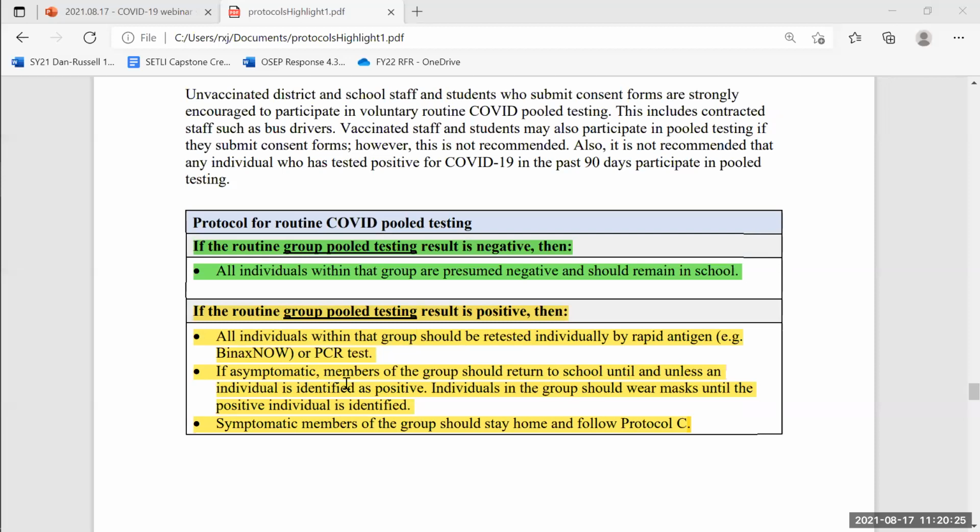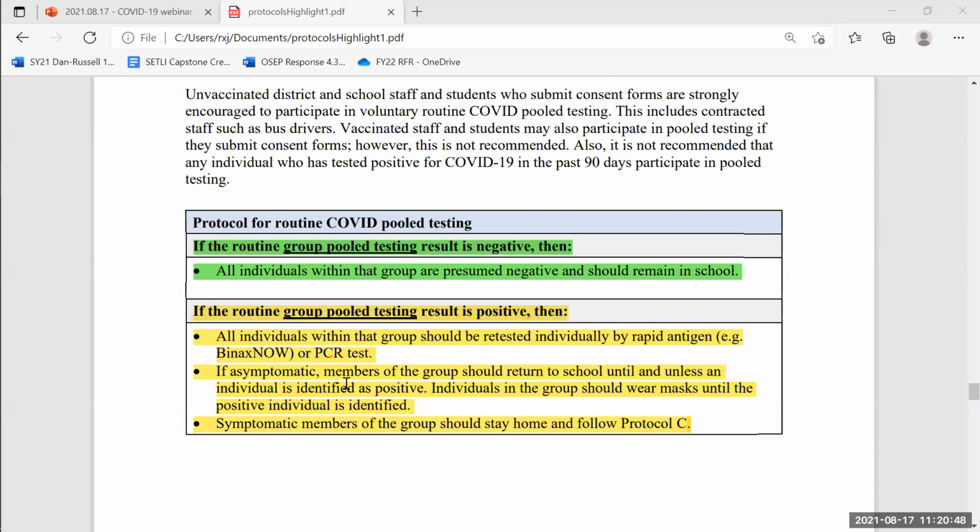If there is a positive result to the pool, then the individual is one way or another going to need to be retested using a rapid antigen test. And I'm going to say a little bit more when I go back to my slides about that difference between doing the follow-up testing in the schools, or choosing one of our options that allow for lab-based follow-up testing.